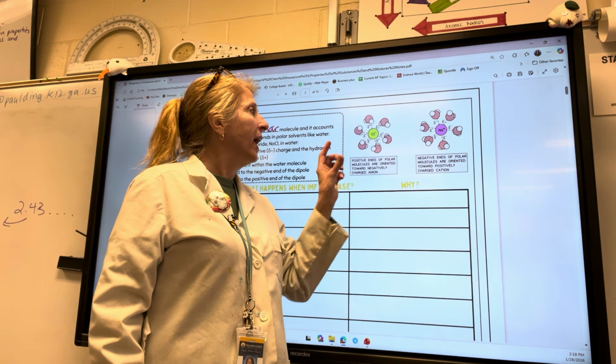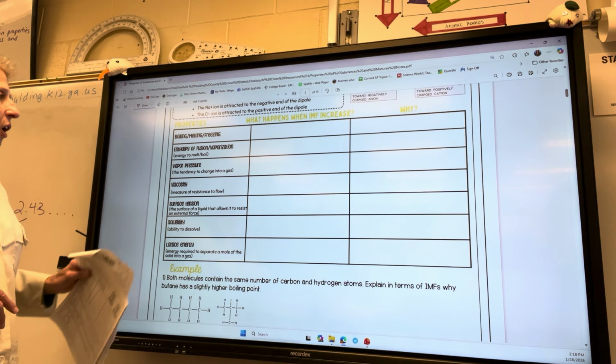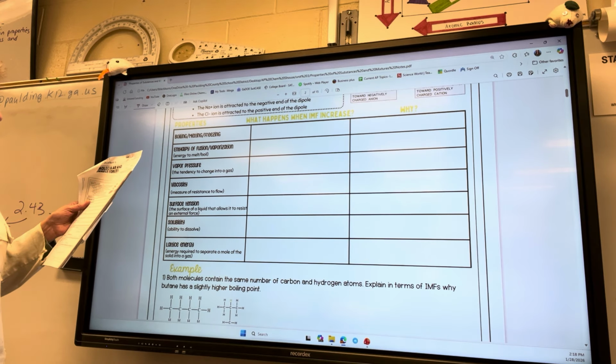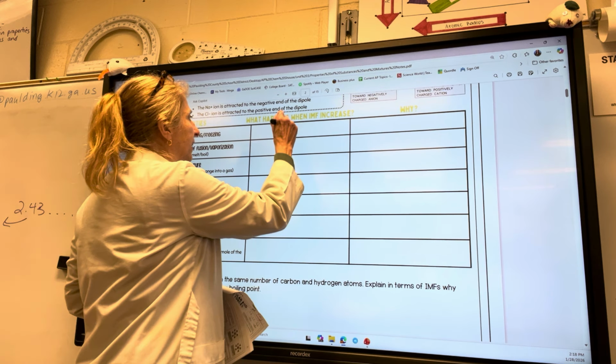Okay, so this is what I was telling you about, that there are a lot of properties that are because of the intermolecular forces. So melting, boiling, and freezing will, if the intermolecular forces increase, then they increase.